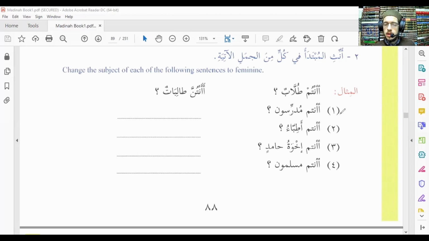Okay, so we have in the first question, أأنتم مدرسون? Are you all teachers? And that could be all men or a group of men and women. And so if we were converting this into the exclusively feminine form, we would have أنتن.